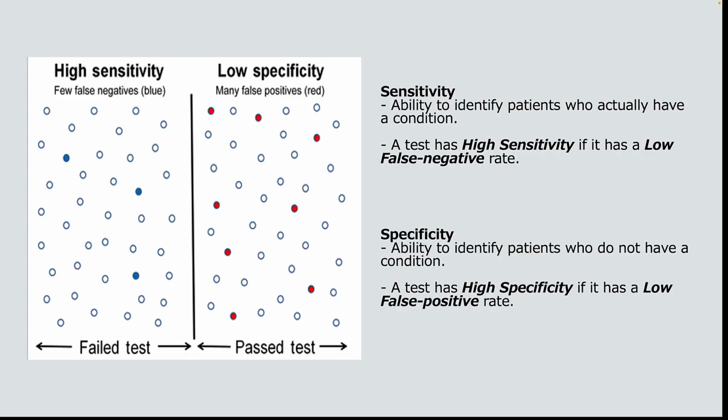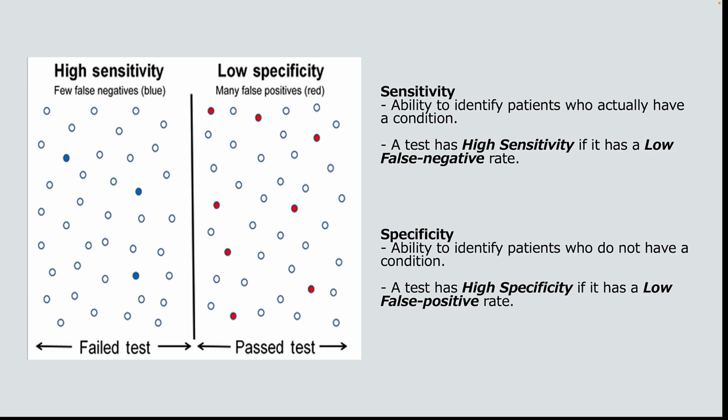So then the next thing we need to think about is the difference between sensitivity and specificity. When we talk about sensitivity, we're talking about our ability to identify patients who actually have a condition, the correct decision. And with specificity, we're talking about our ability to identify people who do not have a condition.